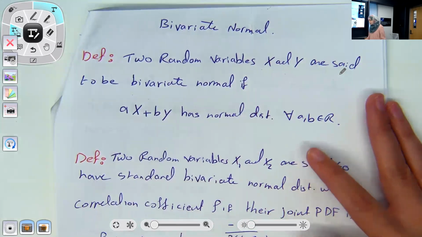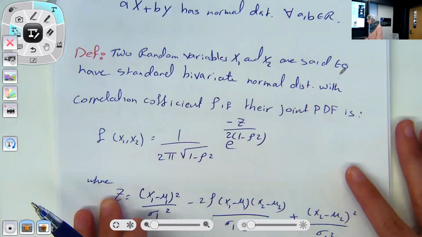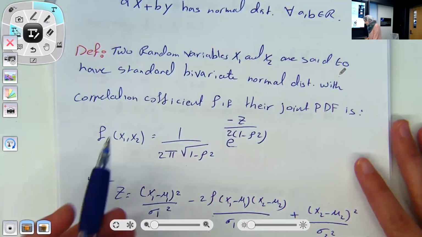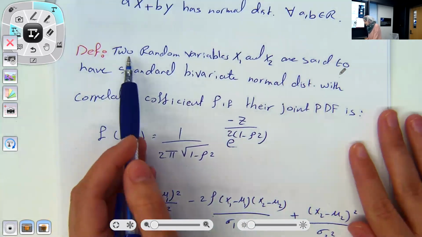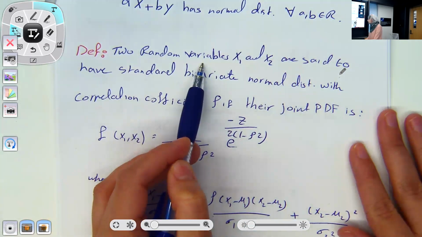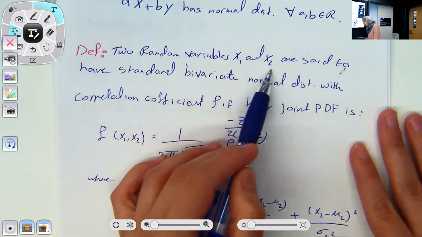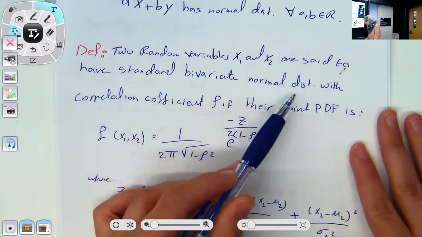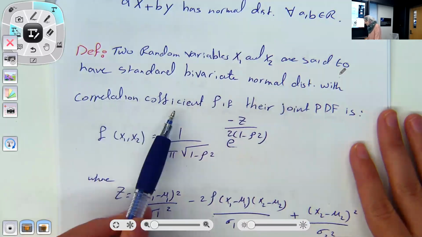And if we need to find the probability density function, we need to concentrate here because there are a few details. We said two random variables, x1 and x2, are said to have a standard bivariate normal distribution with correlation coefficient rho.